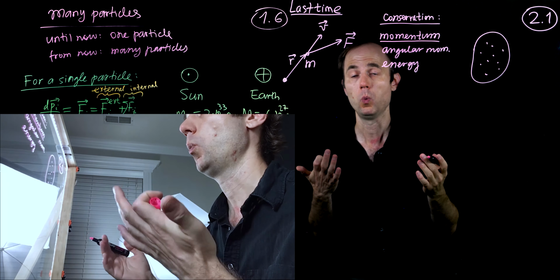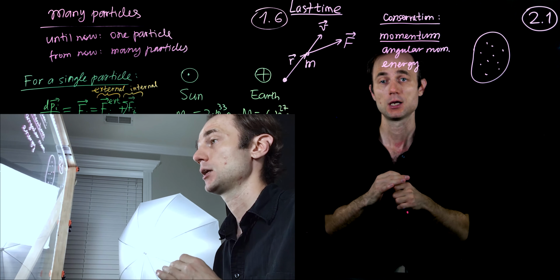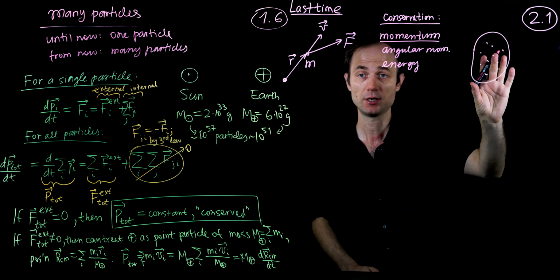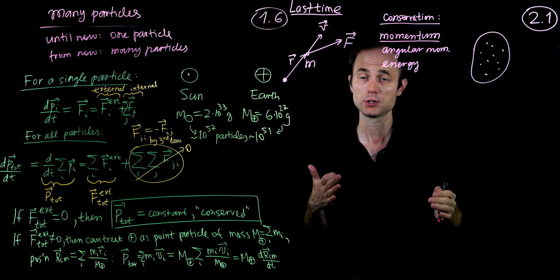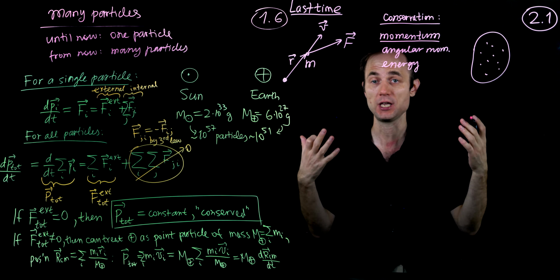Let's recall what exactly did we do in order to derive the momentum conservation law for that. We wrote down equations of motion for each of the particles. We added them all up and figured out how this collection of particles behaves as a whole.